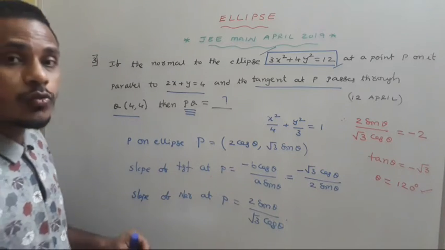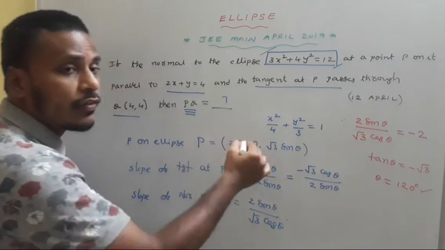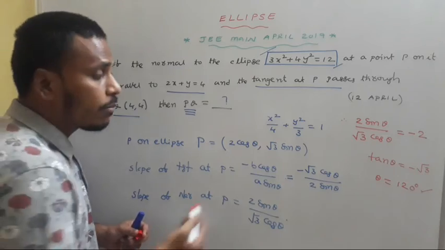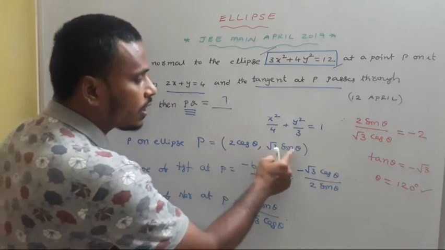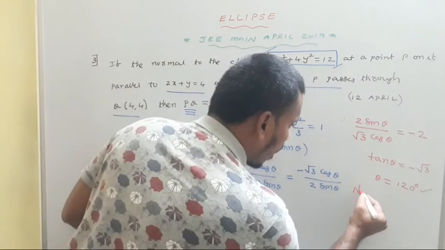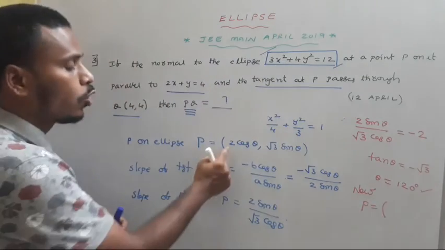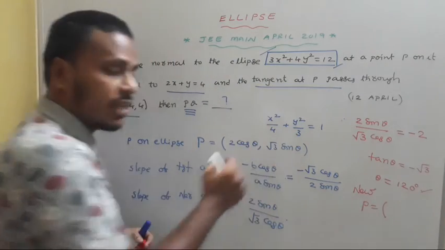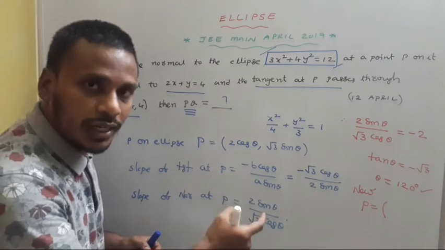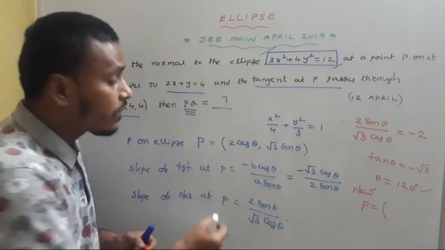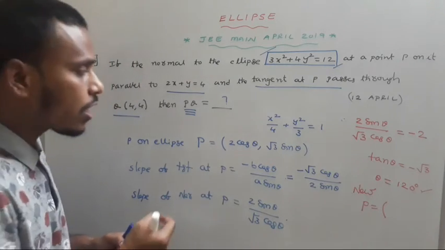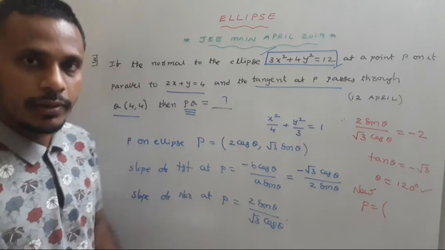So since theta is 120, it is easy to identify the coordinates of P. Replace theta with 120 here. Coordinates of P are 2 cos theta, root 3 sin theta, which is 2 cos 120, root 3 sin 120. What is cos 120? Cos 120 degrees is minus 1 by 2, right?